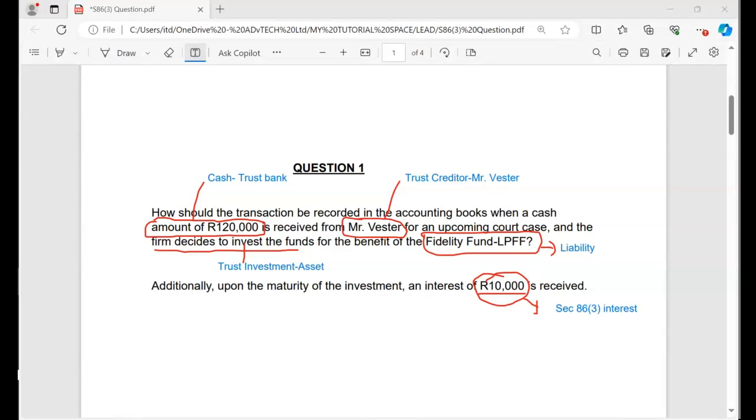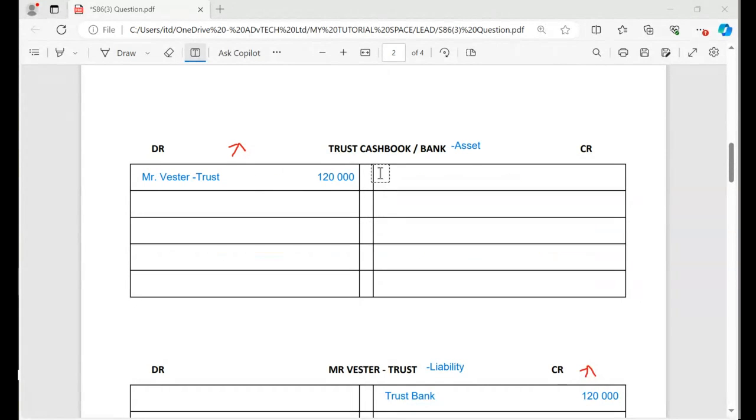So I'm going to open the bank account. Obviously, I do have the bank account, so I'm going to go and record to show that I'm investing. I'm going to take the money out of the bank. So when I take money out of the bank, I must come to the opposite side. I must come here and say I have invested. Can you see now? So I have invested that money.